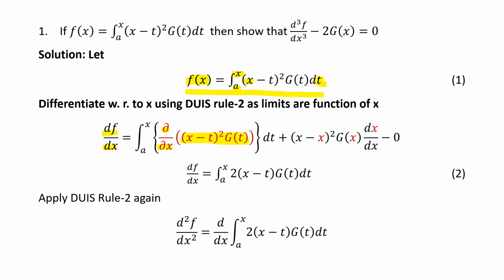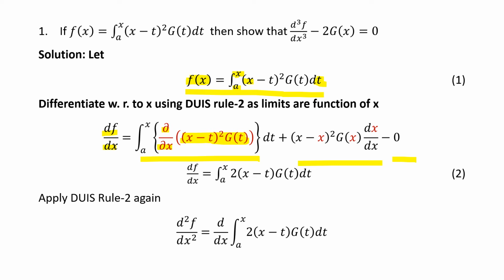Remember one point: if both limits are constant, you will get only rule 1, that is, only the first term. If only the upper limit is a function of the parameter, then you will get the second term, and if your lower limit is constant, then the third term is automatically 0. You will directly write it as 0. Likewise, if the upper limit is constant, the upper limit term will be directly 0.